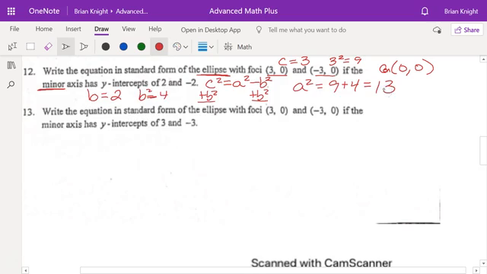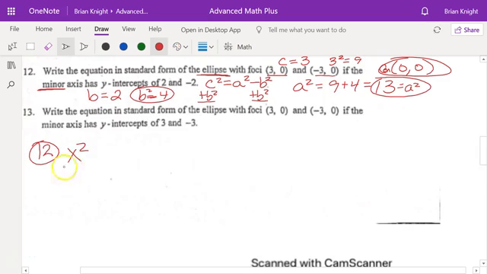Now we have everything we need to write the equation. We have B squared. We have A squared. And we have our center. Okay? So I'm going to write the answer down here since I don't have much room. So 12. It's going to be x squared.